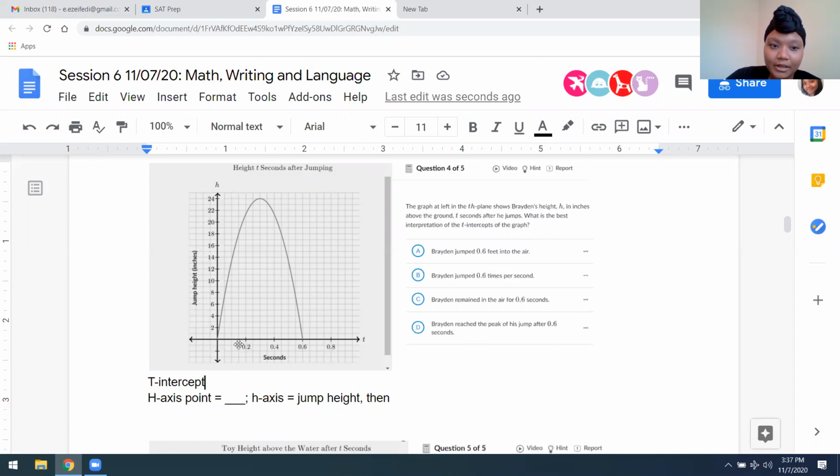The T is here. If it's a T-intercept, that means the H-axis point is blank. And if the H-axis equals jump height, then... So I'll give you guys a second to answer this. I kind of started it off for you and then we will go over it. Just like a minute or so to work it out.